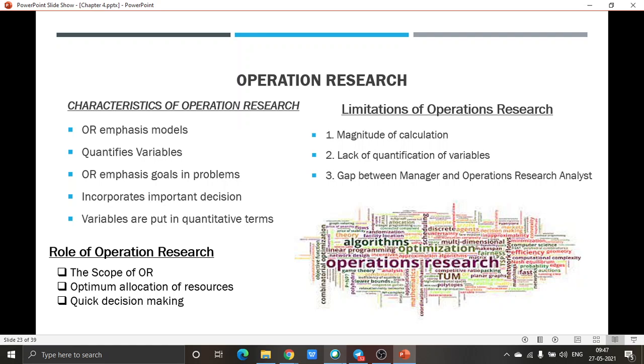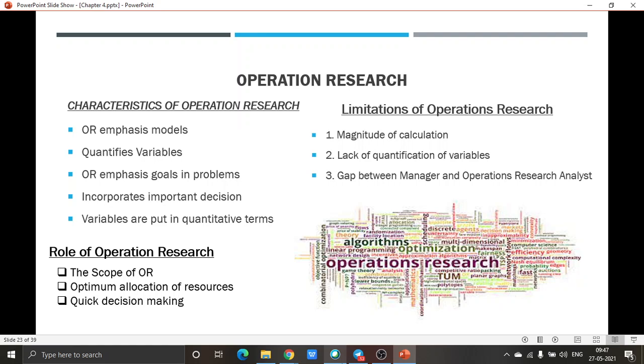operation research in detail. So when we say operation research, it simply means different things to different people. For some of the researchers or academicians, when they mention operation research, it includes all quantitative decision techniques. We can take the example of one of the definitions given by the American Encyclopedia of Management.